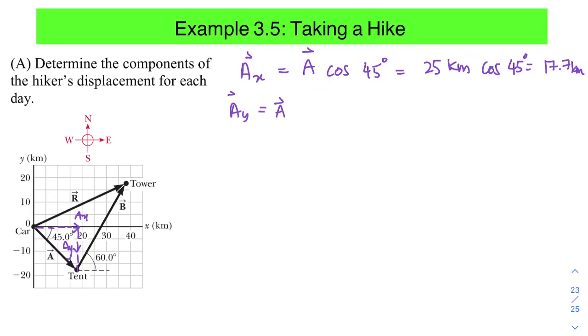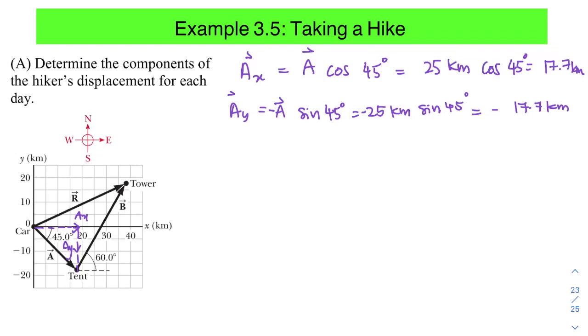Right. And for AY is equivalent to A sin theta. Sin 45 degree equivalent to 25 kilometer sin 45. Is it positive or negative? It's negative. Why is it negative? Because it's pointing downward. So your answer is going to be negative 17.7 km.